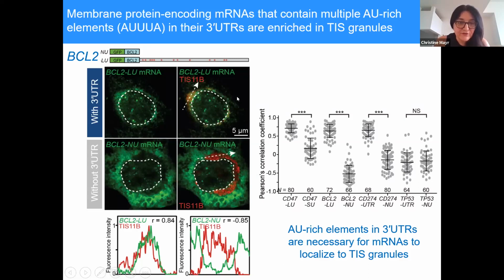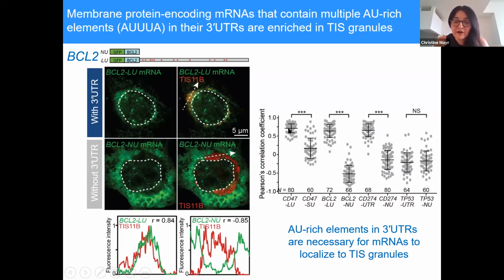So I want to guide you through this. So here's BCL2, and it has a very long 3' UTR with many A-rich elements. So when we use the construct with the long UTR, you can see here there's very nice co-localization, also here in this line diagram. If we now take the same protein, but we delete the 3' UTR, now in green, BCL2 mRNA localizes to the cytoplasm and is actually excluded from the region of the granule.